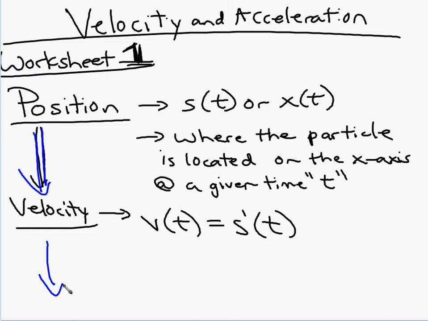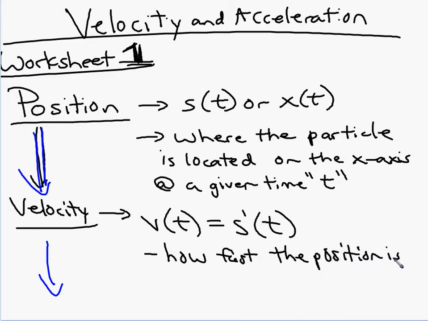Now, what does velocity tell me? Velocity tells me how fast the position is changing at time t. Remember, when we first learned about the derivative, didn't we say it could be called the instantaneous rate of change?